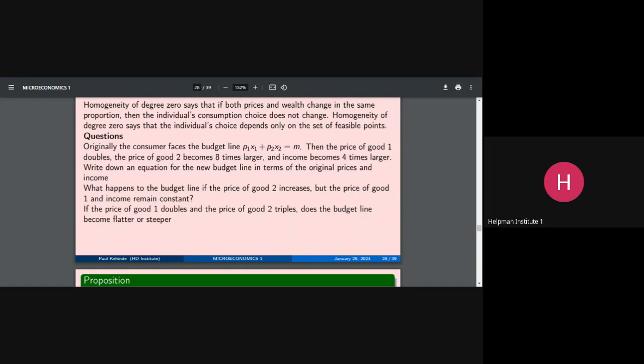So the next question is, what happens to the line if good 2 is increased, but good 1 remains unchanged, and the income also remains constant? So what will happen to that graph? Anybody? When you plot a graph for this budget, what will that look like?